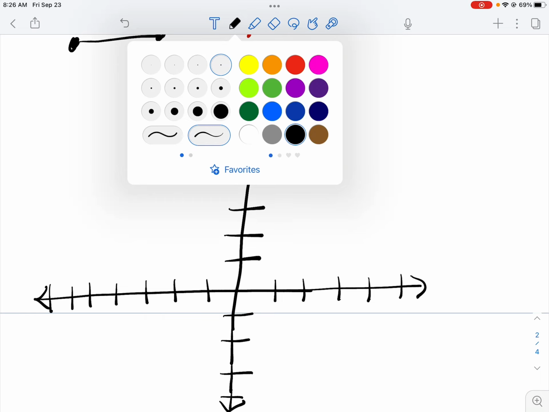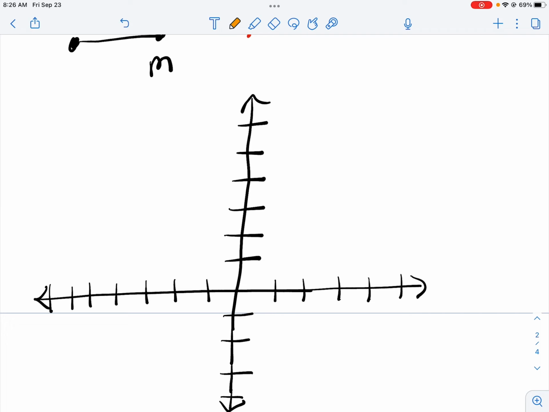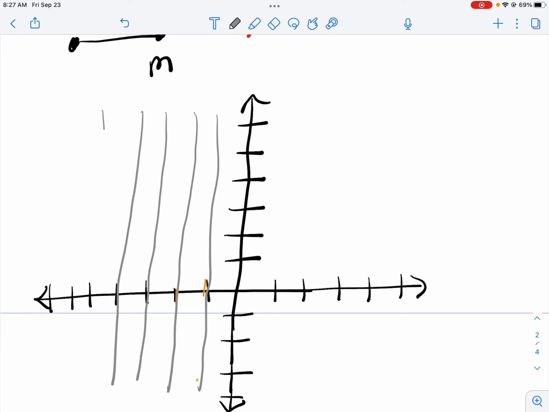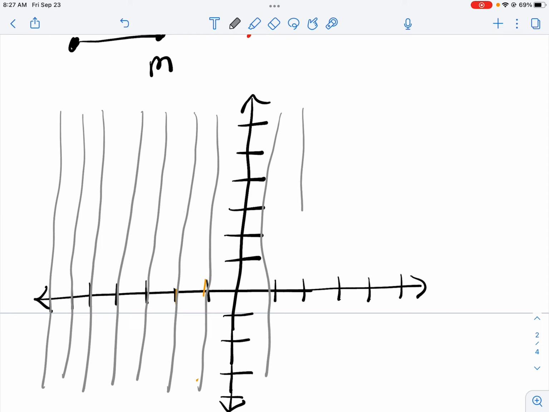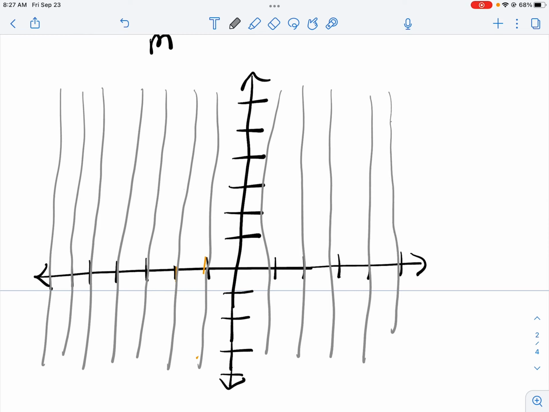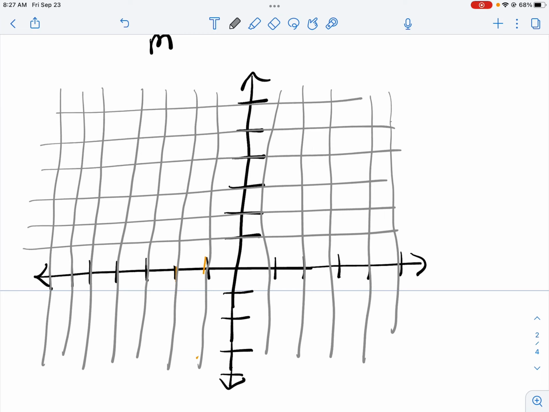And a lot of times when I'm teaching this in class, I will go ahead and draw the grid lines in very lightly. And the grid lines are going to help us count and move from one point to another.